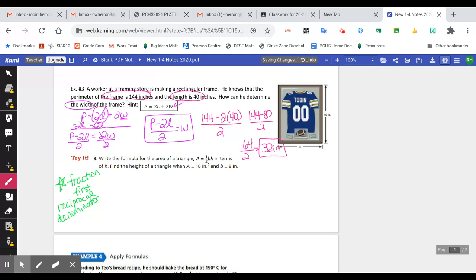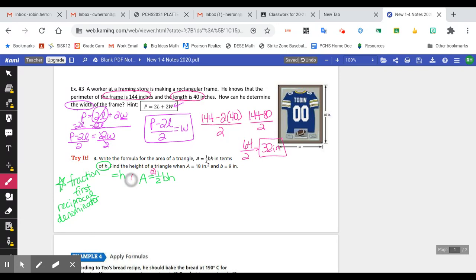So in this case, we're trying to solve in terms of h, which means we want our equation to say equals h when we're done. Okay, so we have area equals 1/2 base times height. Okay, this type of fraction has a 1 on top. So if I multiply by the denominator, I can get rid of the fraction altogether.